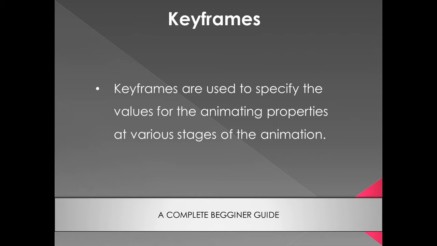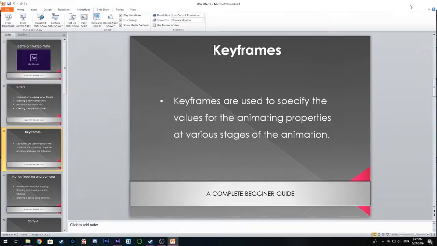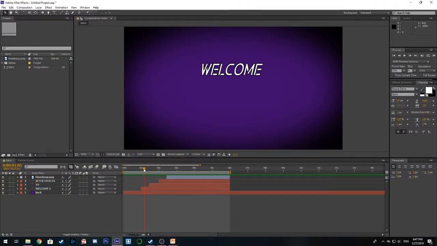So first of all, what are keyframes? Keyframes are used to specify the values for the animating properties at various stages of the animation. Basically what we're going to tell it to do is at the beginning where it pitches up, we want it to be invisible, and at whatever time after we want it to be fully visible.